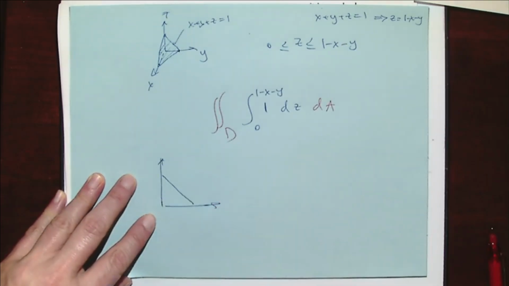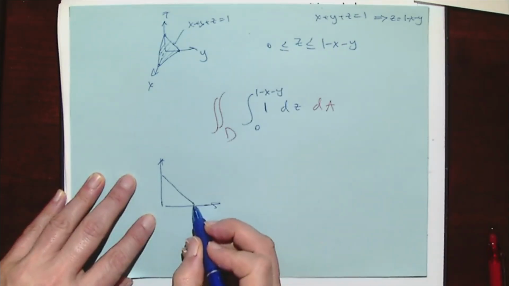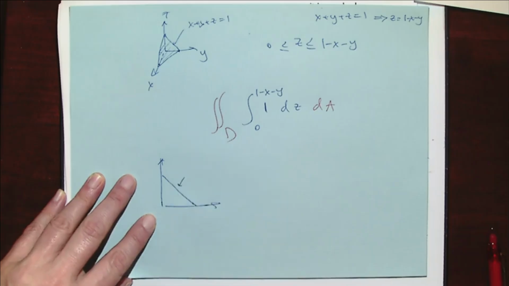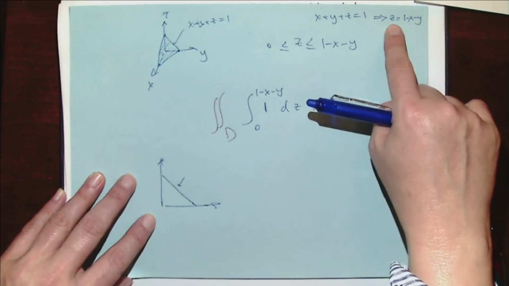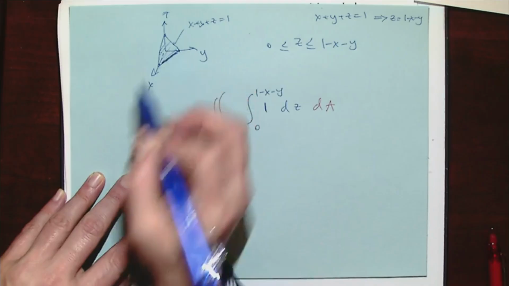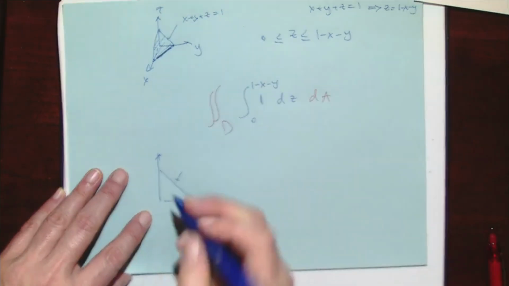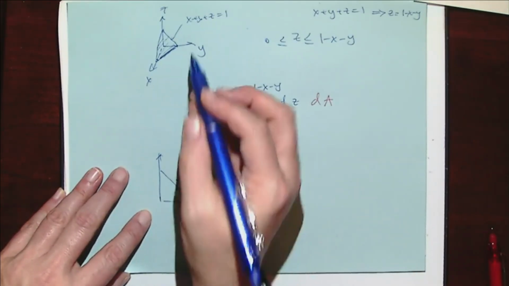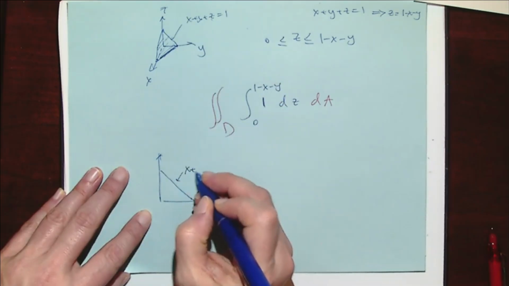D looks like that, right? Can you tell me what this line is? How do I do it? I just plug in z equal to 0 in the plane to find this line. So if I plug in z equal to 0, I get x plus y equal to 1.